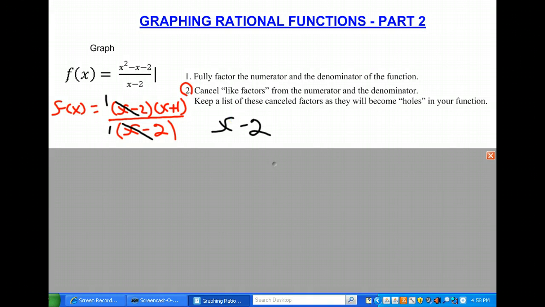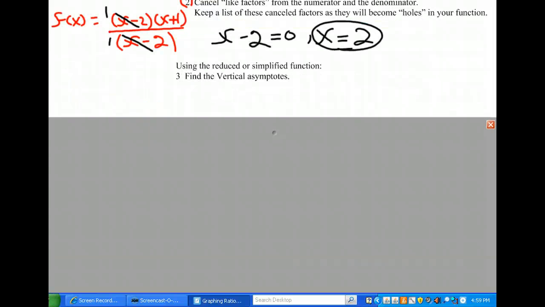Or rather, x minus 2 is equal to 0, and therefore x is equal to 2, because what we're looking for is the value that will make the denominator 0. And 2 will be one of the holes in our function. After canceling those factors, we get f of x is equal to x plus 1.